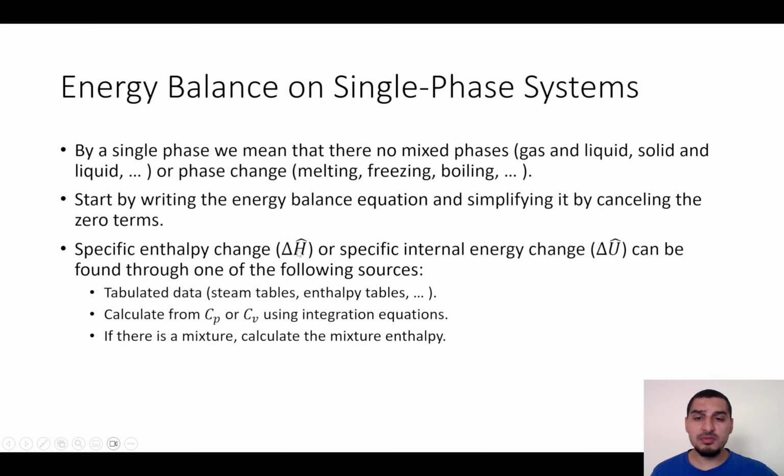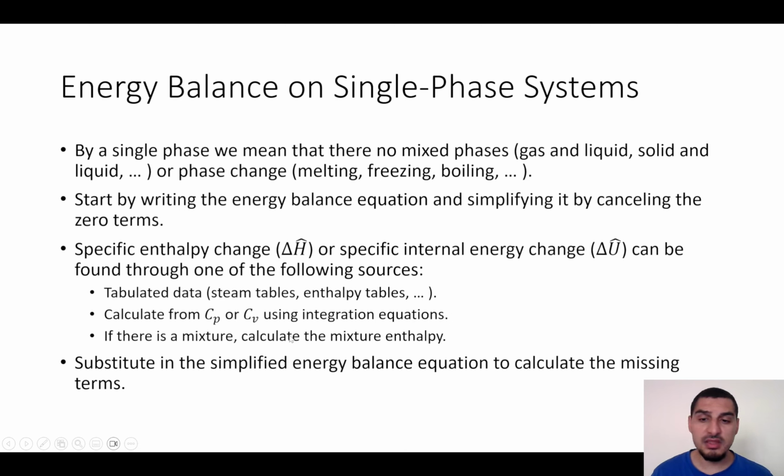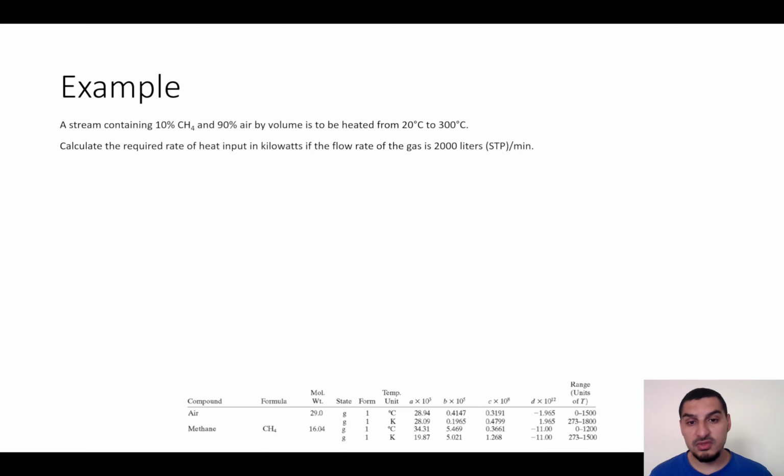And for the enthalpy change, we can get delta H using either tabulated data, using the steam tables or the enthalpy tables like table B8 that we discussed before, or you can do this by integration of the CpdT or CvdT, depending on the type of change that we have or the type of system. And we will calculate the enthalpy of the mixture if we have a mixture, and then we substitute and calculate the missing terms. So it's a very systematic approach, so it's not adding much to what we have been doing before.